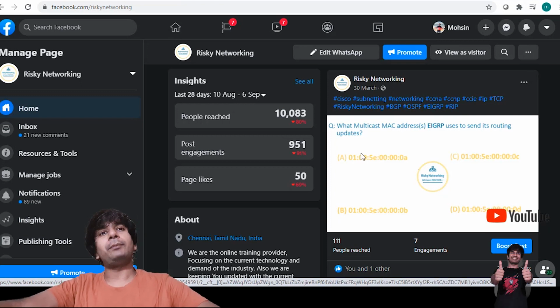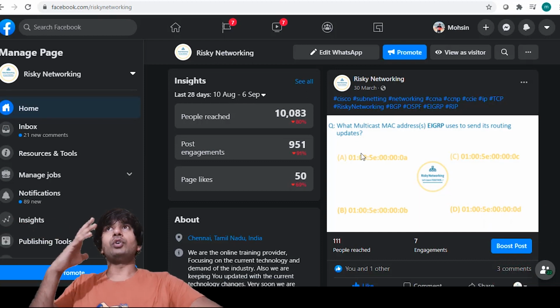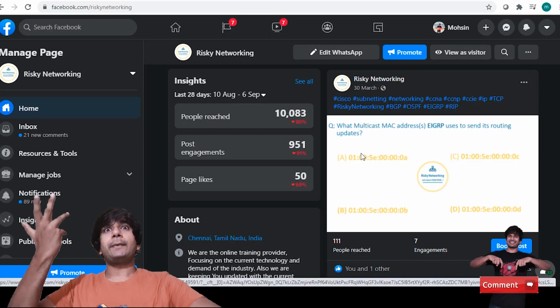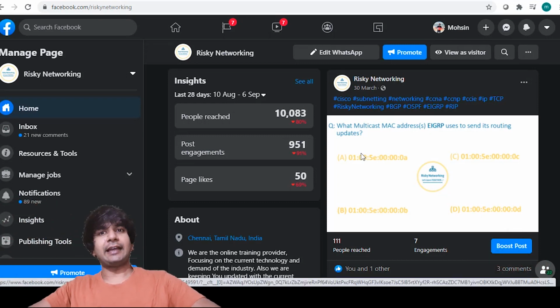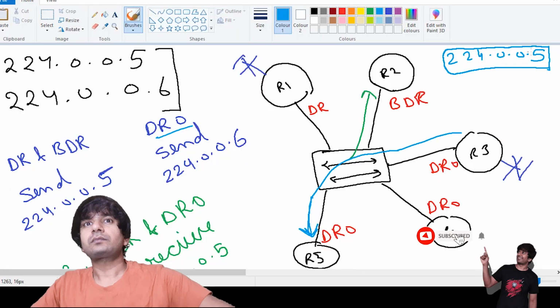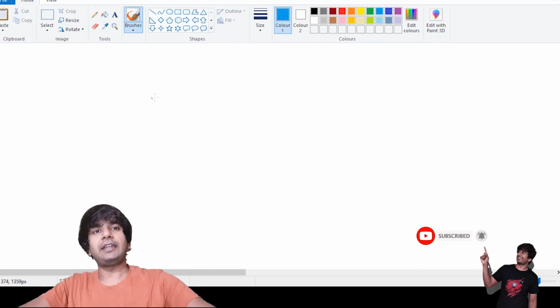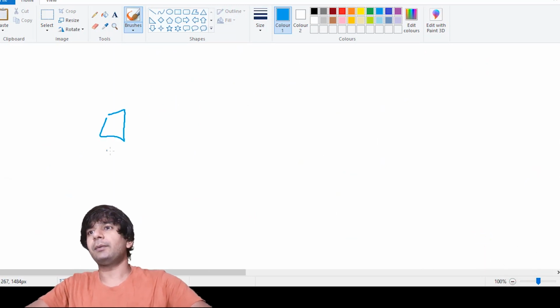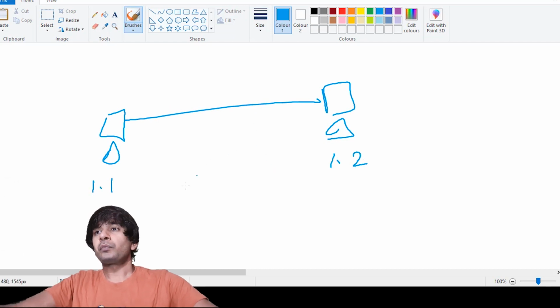For example, if I am sending a unicast packet, a unicast request, my destination IP address will be a unicast IP. Let me show you. Say this is a PC connected to this PC, 1.1 and 1.2.